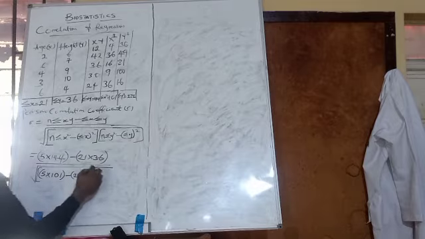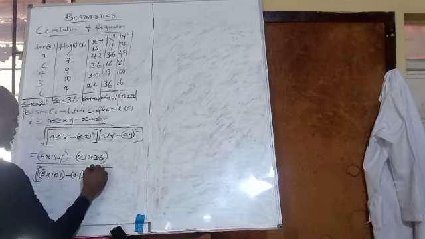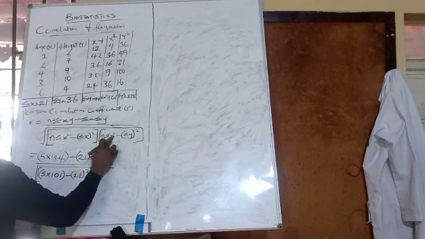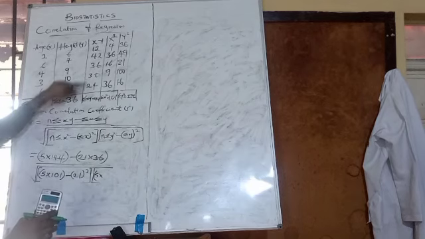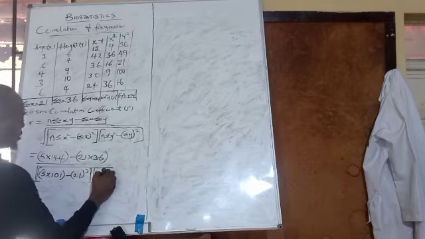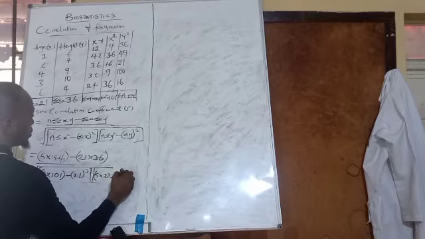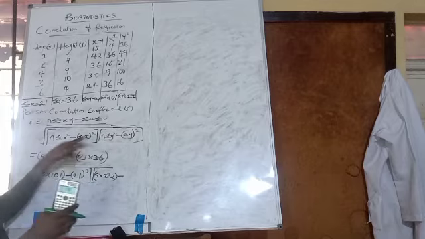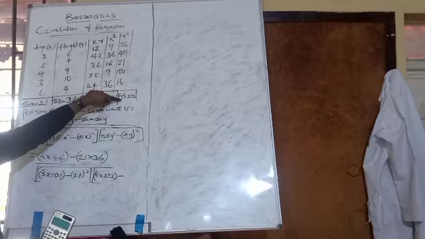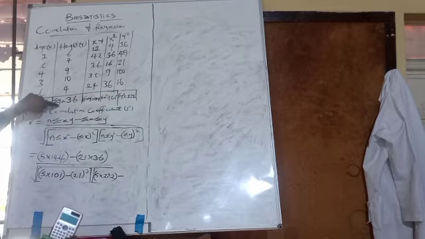Then we now do the same for the other side. The n here is 5 times sigma y squared. Sigma y squared is 282. So we have it at times 282, minus sigma y. Like I said, the sigma y here is not sigma y squared, it is sigma y, this 36.